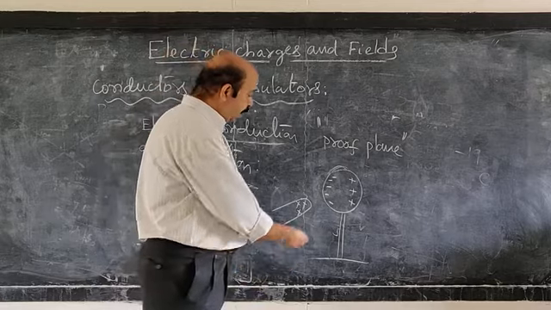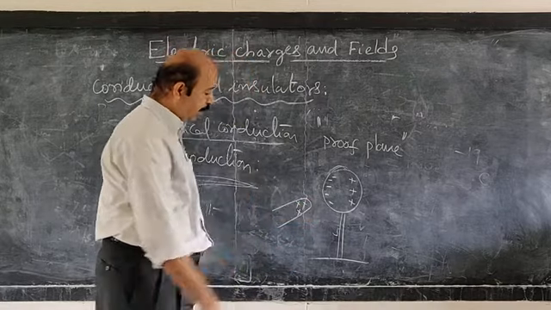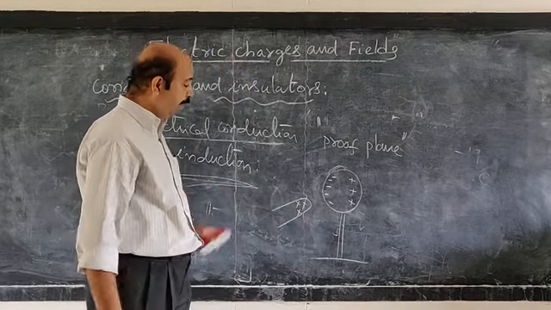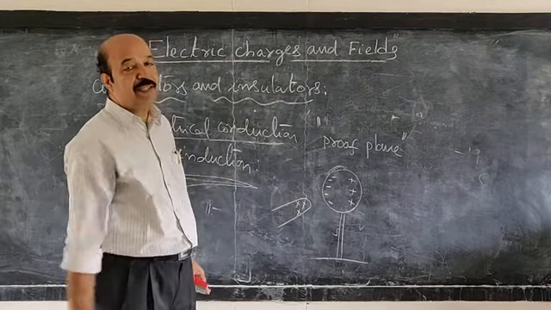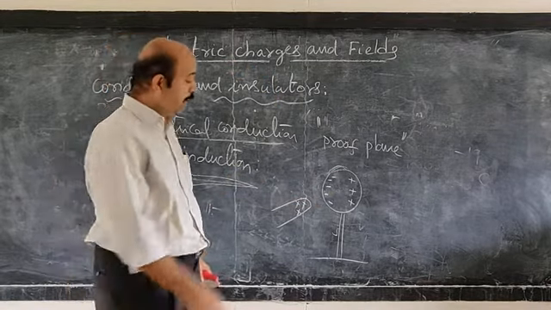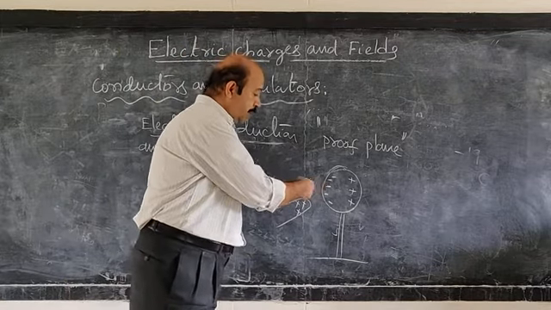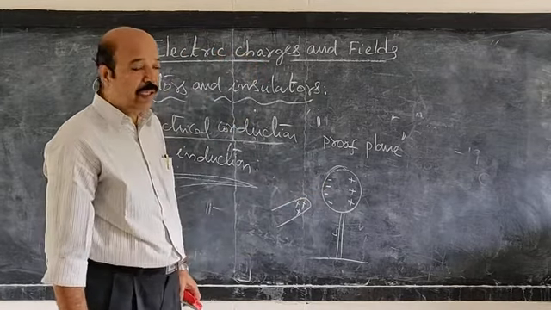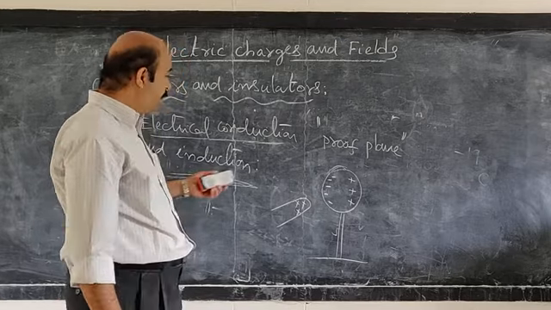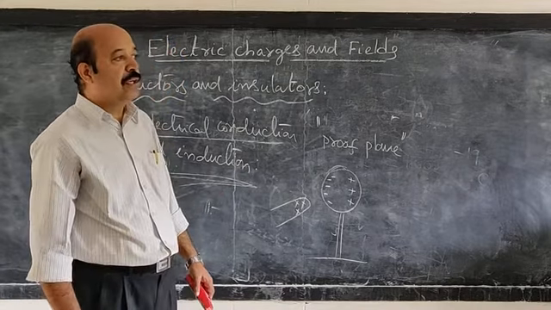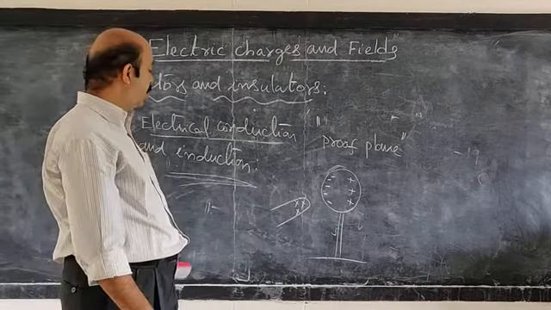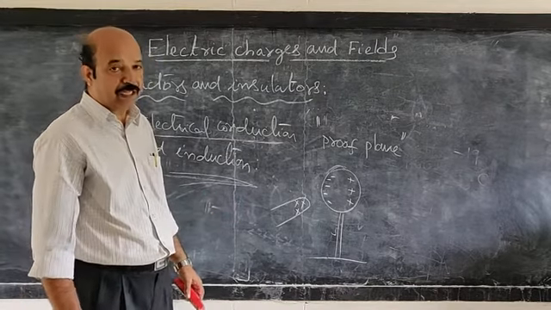So you can take this body and move it away; if the charges reside like this, we say a polarity is developed. Electrically it is neutral, but there is a separation between the charges. That process by which you can induce the charges is called electrical induction.